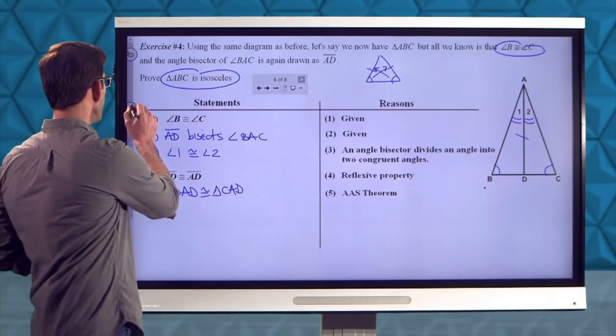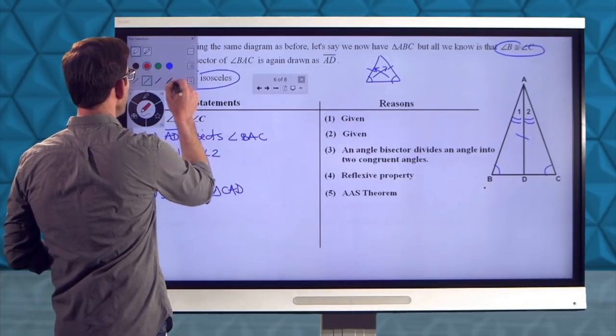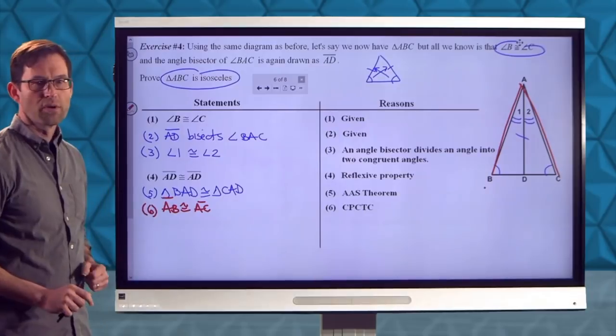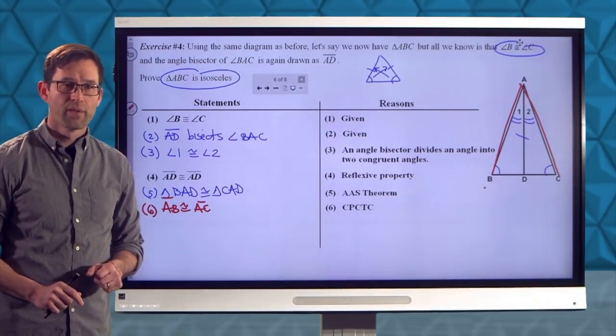And now we can say that this side AB must be equal to this side AC. AB is congruent to AC because corresponding parts of congruent triangles are congruent.